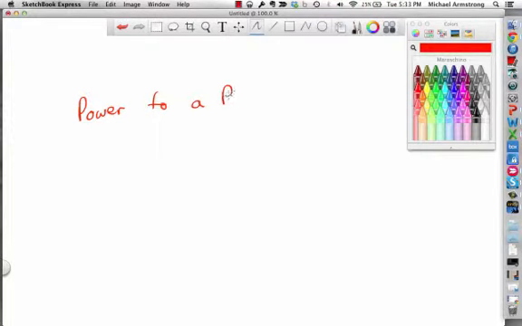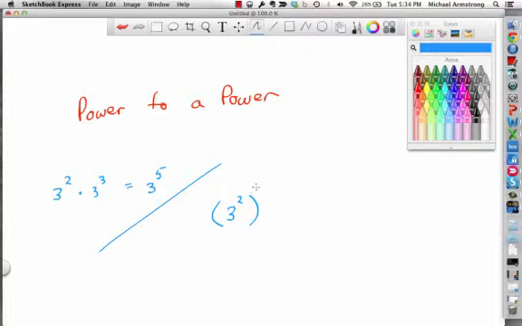Alright, so say we have what we've been doing, 3 to the second times 3 to the third. That becomes 3 to the fifth, because we're adding our exponents. But a power to a power is something completely different, where we have 3 to the second power and we raise that whole thing to the third power.